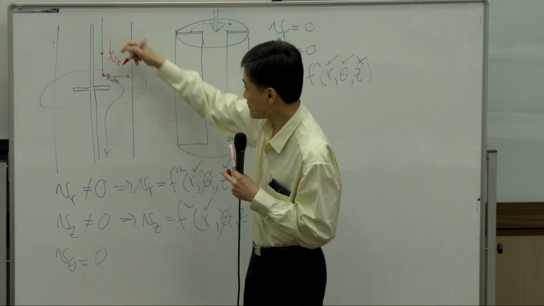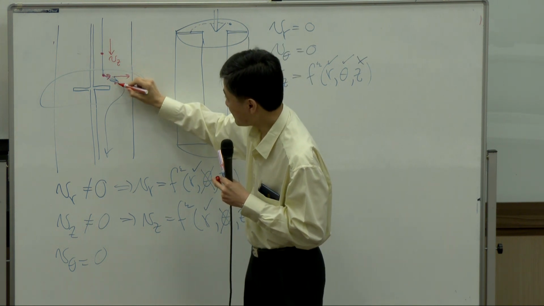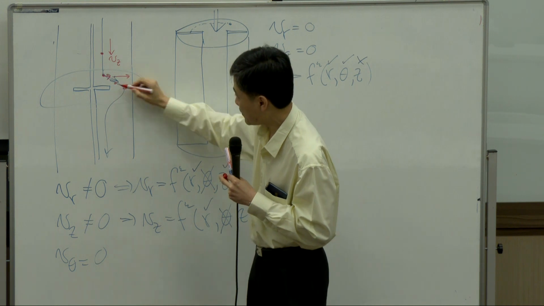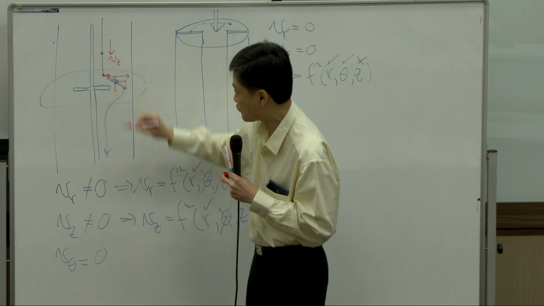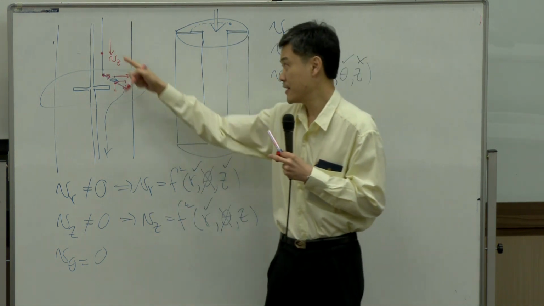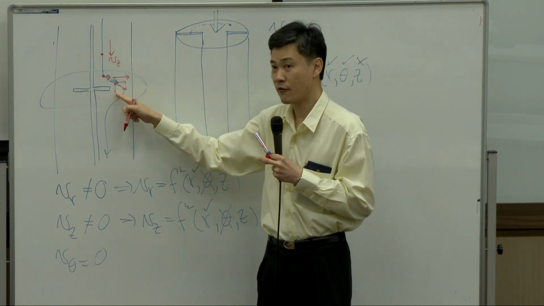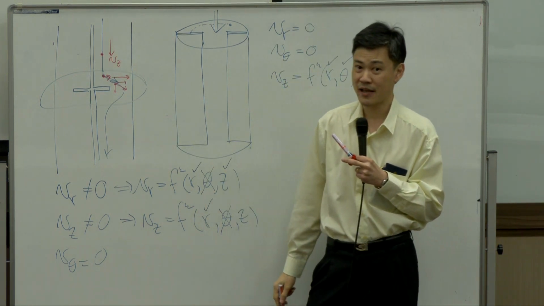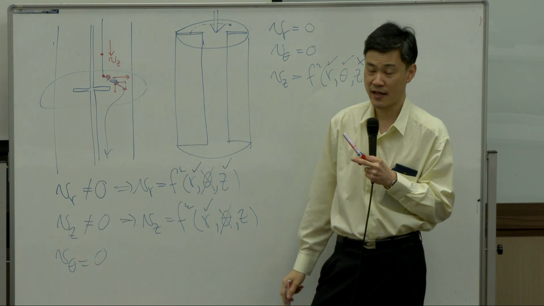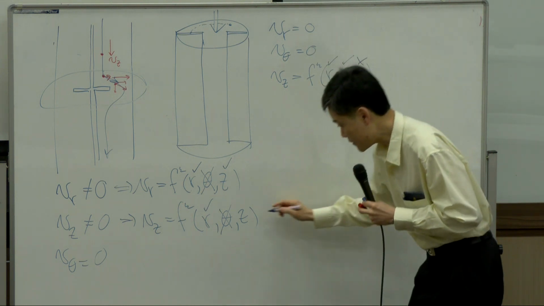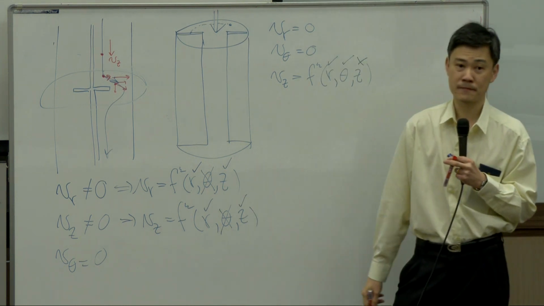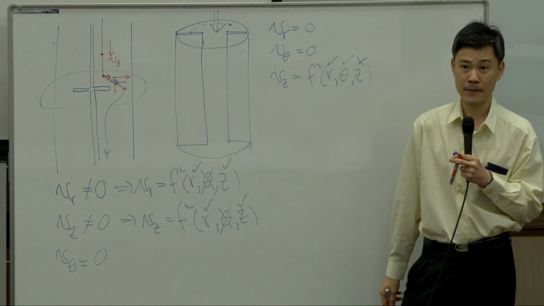This component and the component of velocity going down here has to be expanded into 2 directions, right? This component here and this component over there might not be the same. They're not the same. So it is a function of z. Okay?